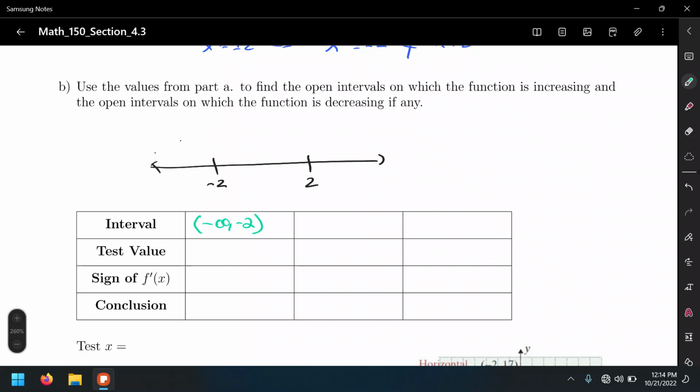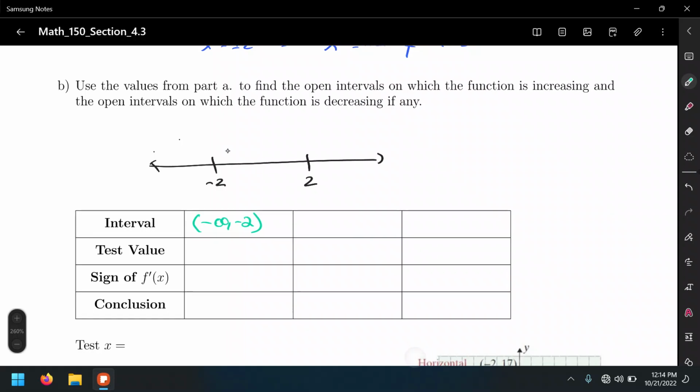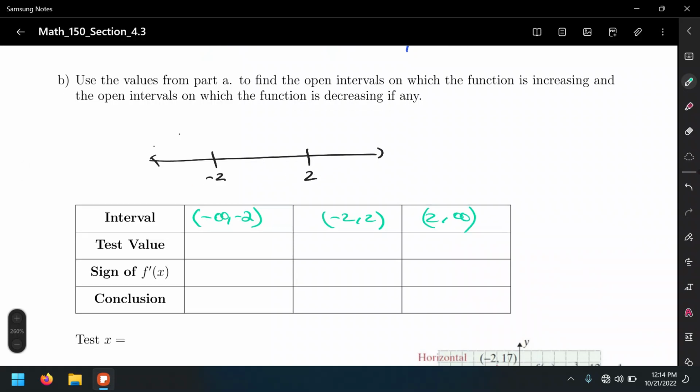And then the second interval is the interval between negative 2 and 2, exclusive on the endpoints. And the third interval is the one that goes from 2 all the way to infinity. So those are the 3 intervals to test.